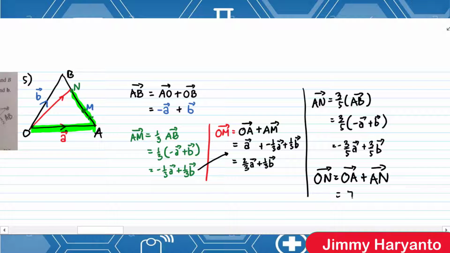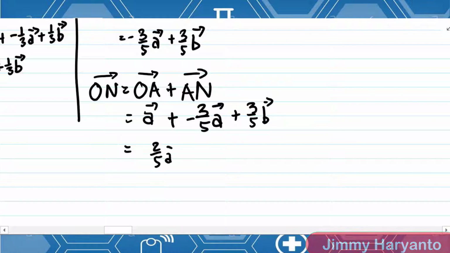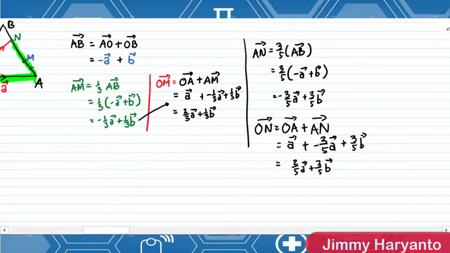Of course, it's A. Do we have AN? The one above, we just calculated it: negative 3 over 5A plus 3 over 5B. After that, you only have to add them. This one is 2 over 5A plus 3 over 5B. There you go. That is ON and OM.